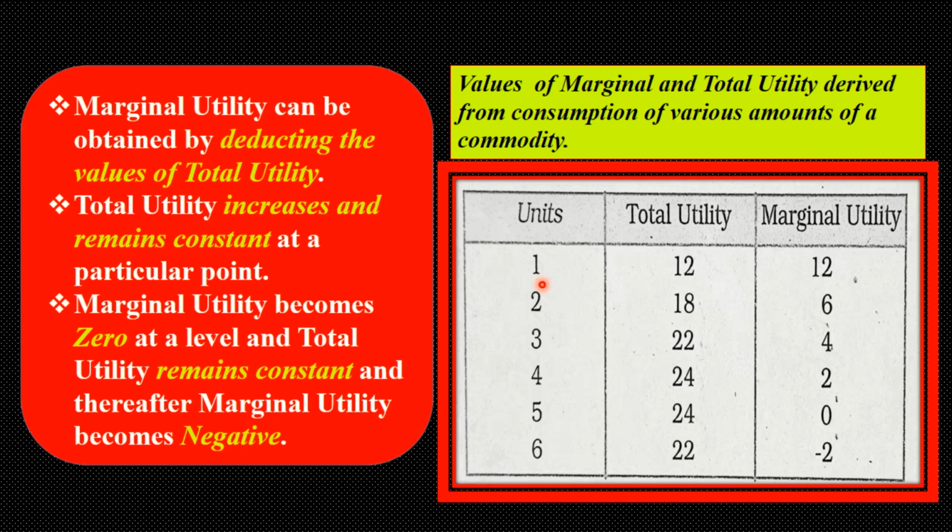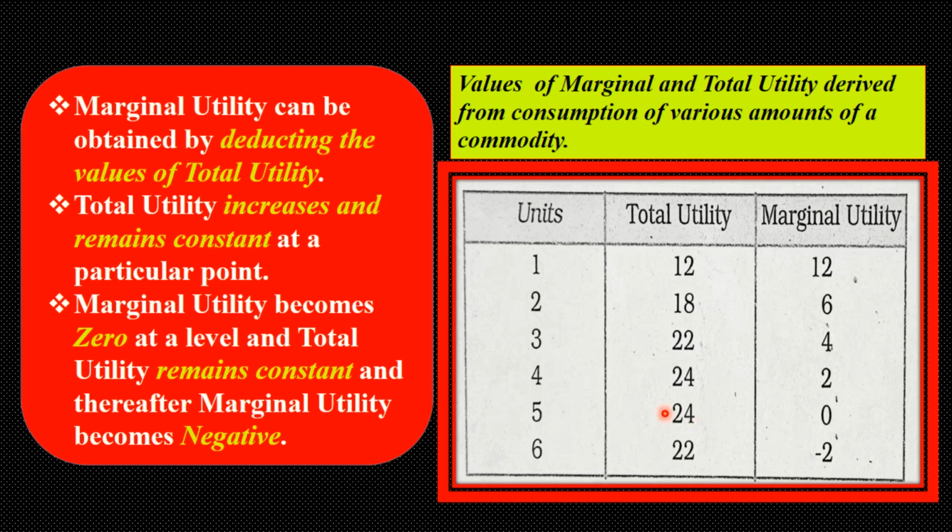consumption of unit 1, the values of total utility and marginal utility are same, that is 12. In consumption of unit 2, 18 minus 12 is equal to 6. And in consumption of unit 3, 22 minus 18 is equal to 4, and so on.